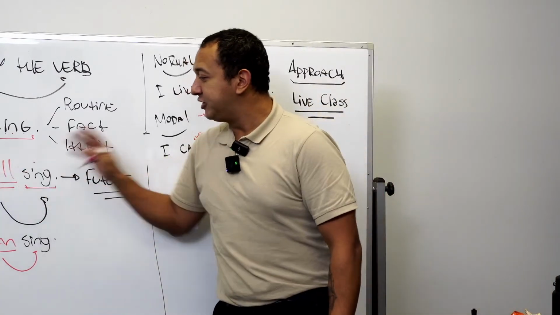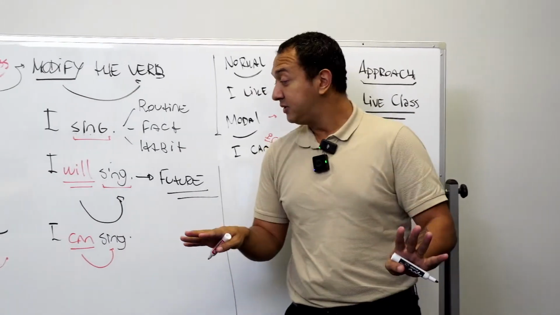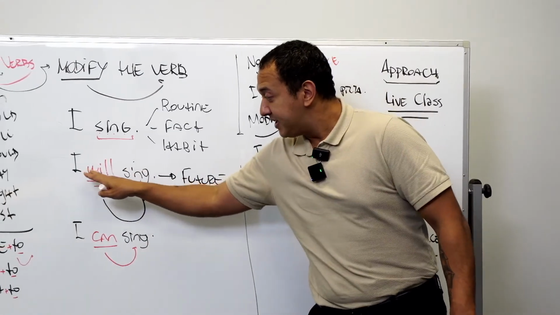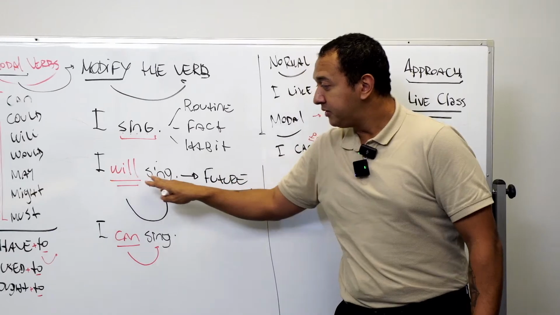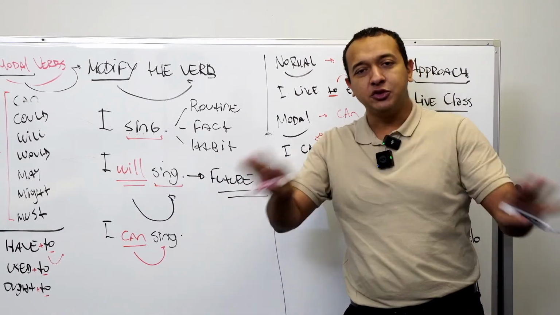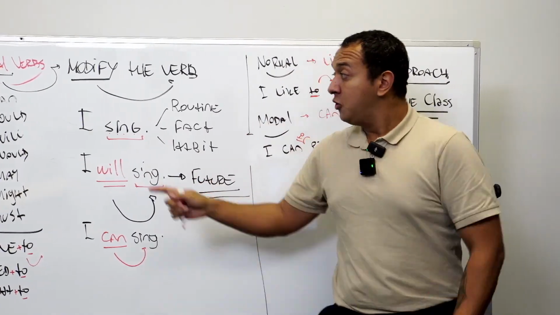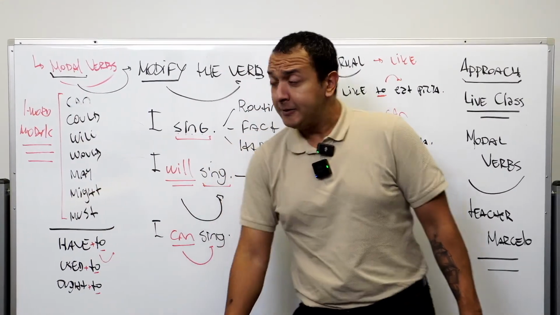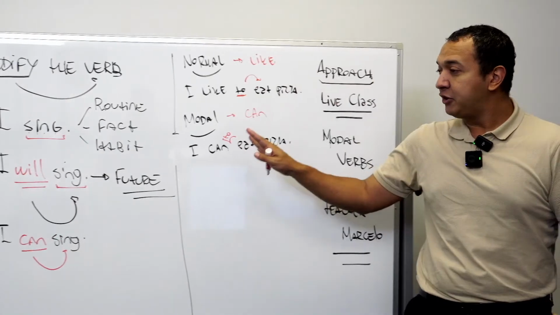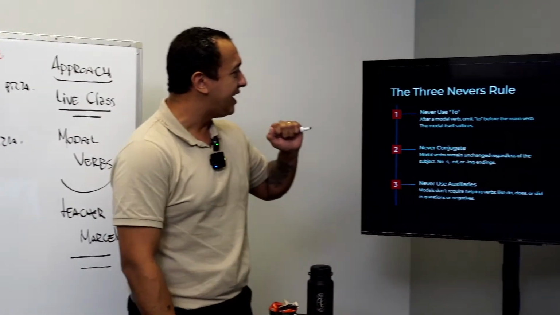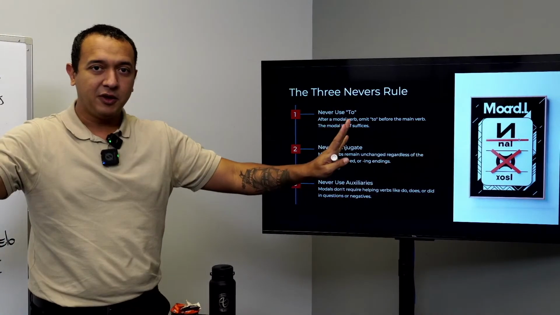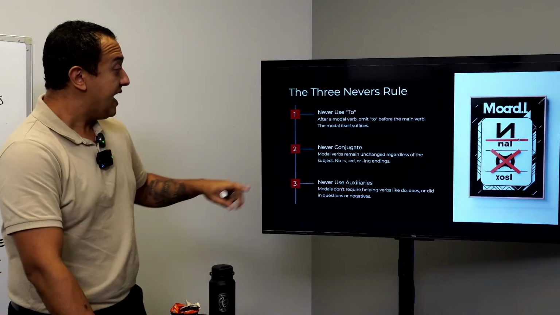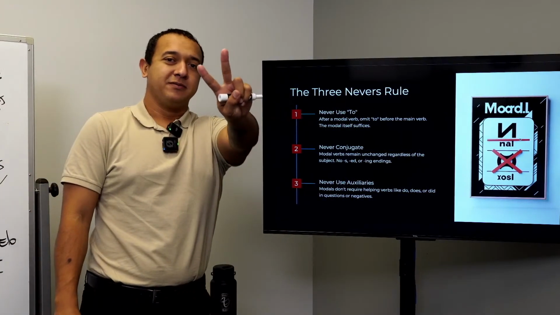I will to sing a song. No. I just use the modal verb and the verb. I never use the particle to with the one word modal verbs. All right? Remember, never use to, just like never number one said. Beautiful? Never use to.